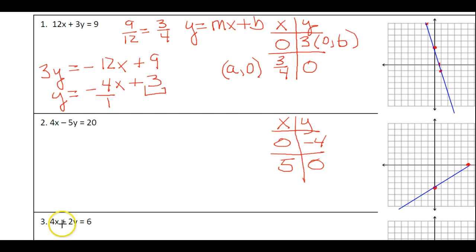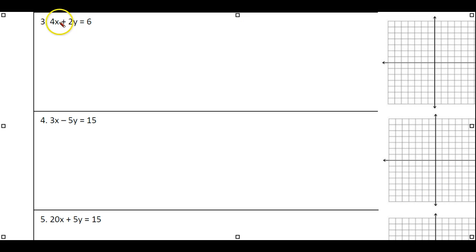This one, again, we're going to get a fraction, but we'll use that technique. Changed my mind. Instead of getting a fraction, we're going to solve it for y. So we get 2y equals, transpose our 4x to the other side, a negative 4x plus 6. Now divide everything by 2.